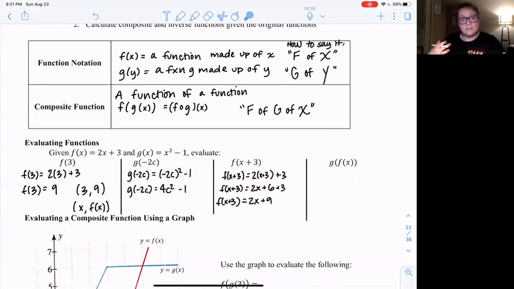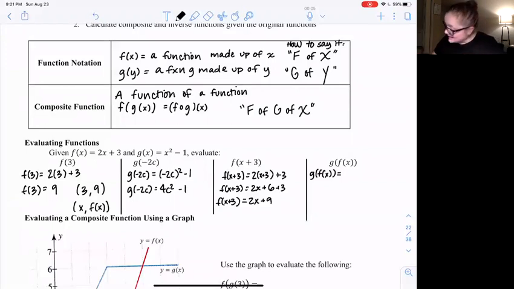So now let's look at g of f of x. Similar to what you did before when you're evaluating functions, we have g of f of x. We're actually going to evaluate g at f of x.